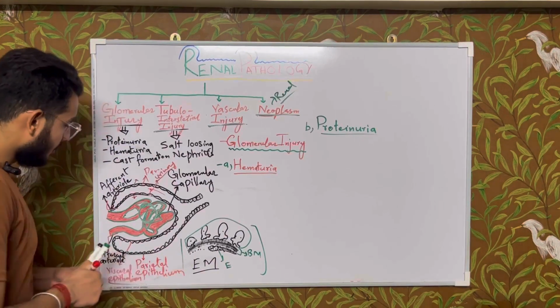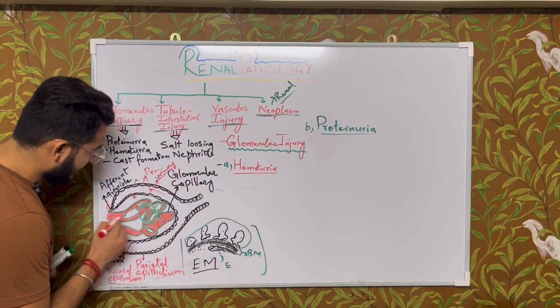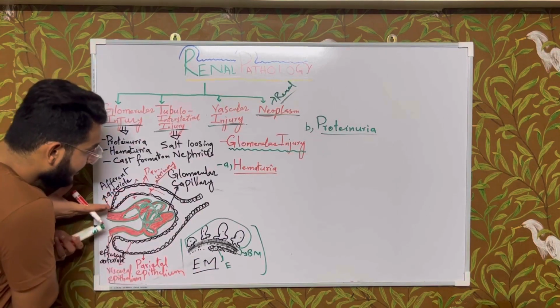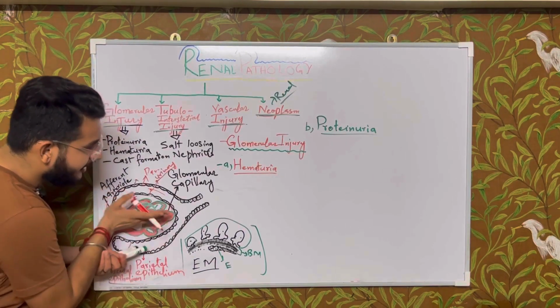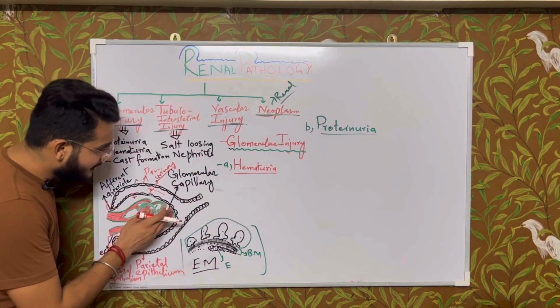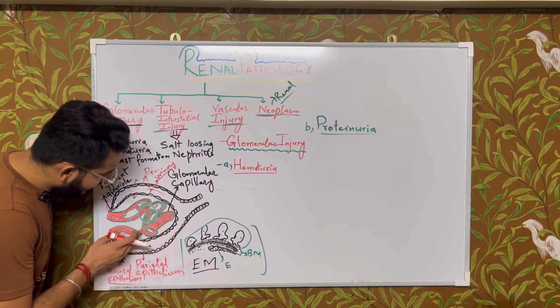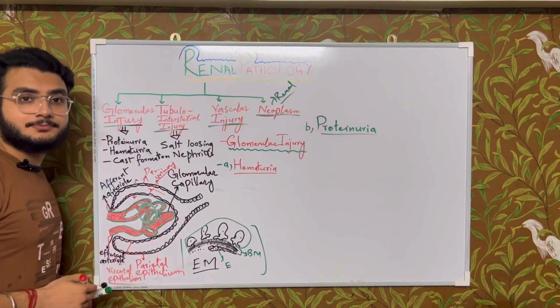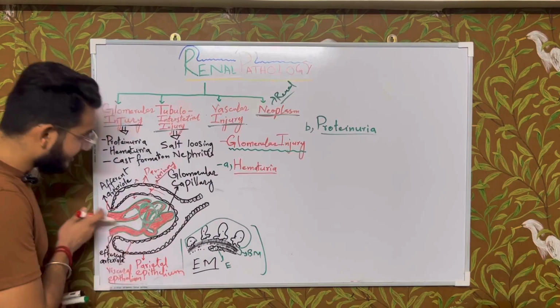You have this afferent arteriole which is bringing blood into the tuft of capillaries known as glomerular capillaries, and from these glomerular capillaries blood enters into the efferent arteriole, leaving these capillaries.